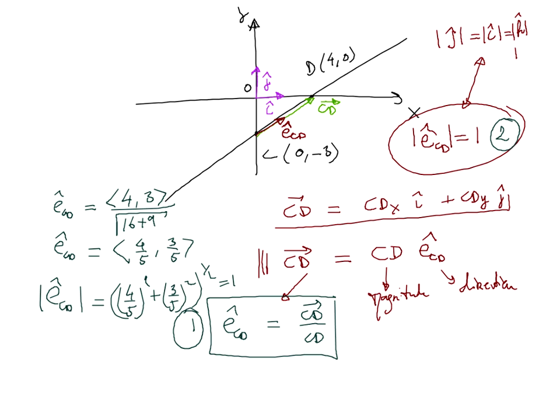Okie dokie, so let's apply this. Let's imagine you have a force. Let's pick a coordinate system again. You have a particular force that is in this direction, F. And you happen to know that this force is along a particular direction.